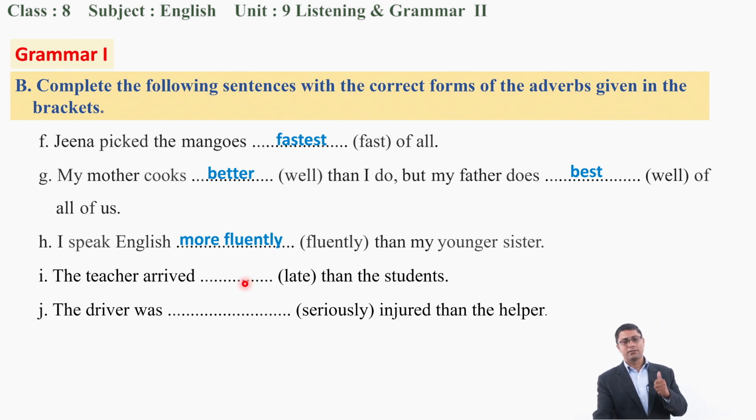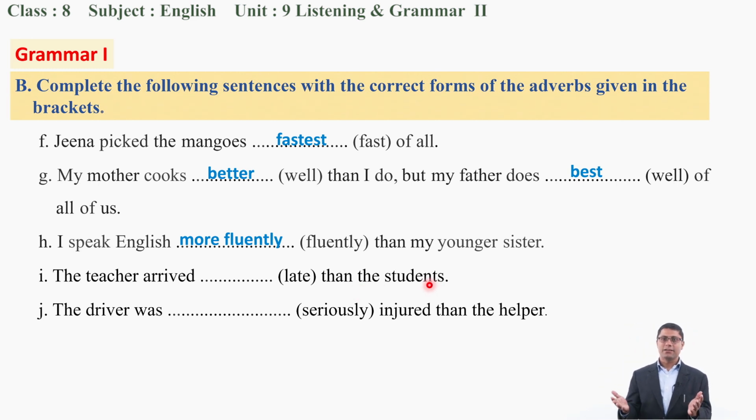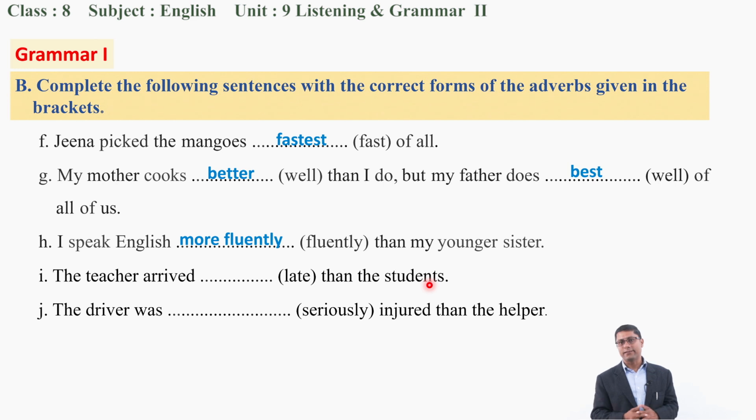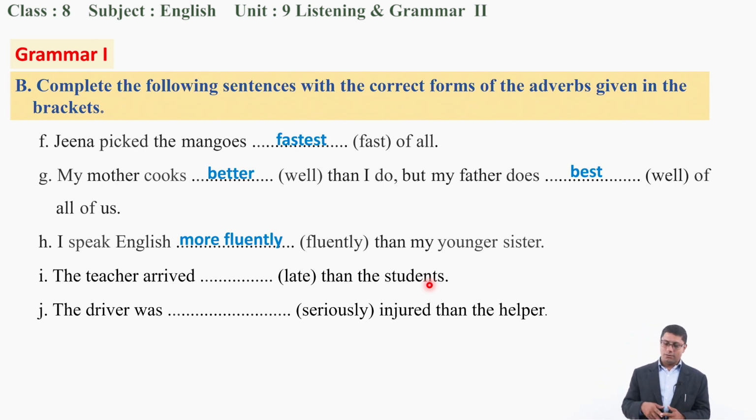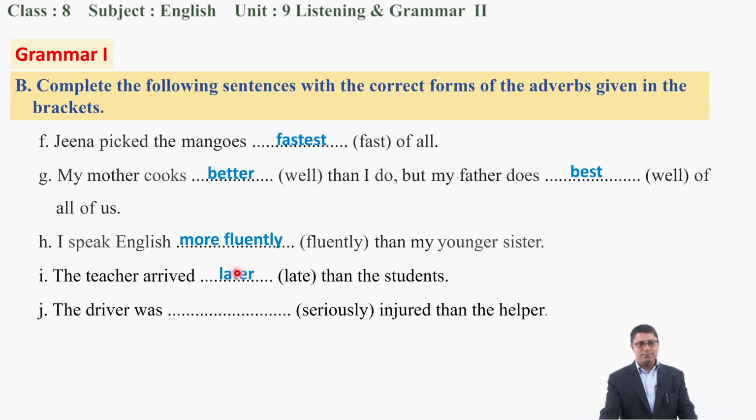Well done. Comparative, because there is comparison between the teacher and the students. So what's the comparative form of late then? All right, very good. Later. So the teacher arrived later than the students.